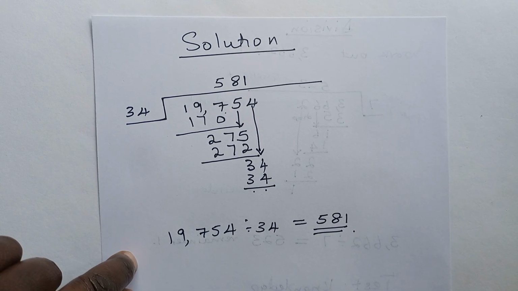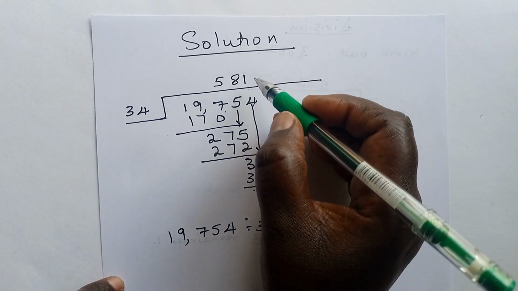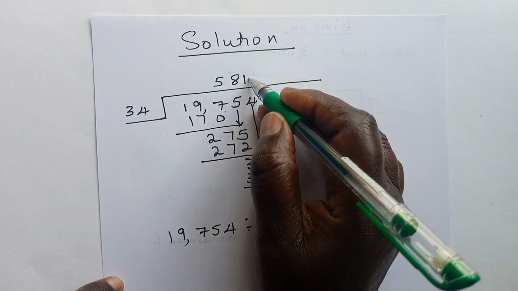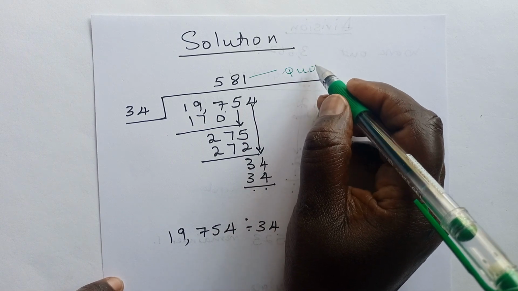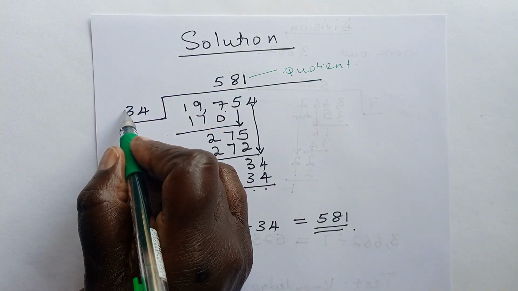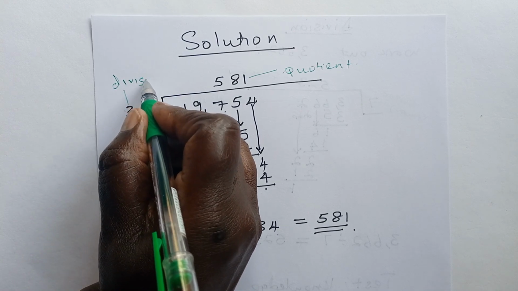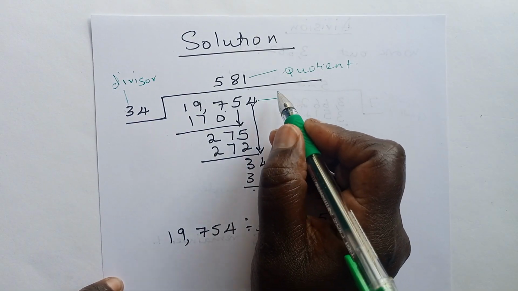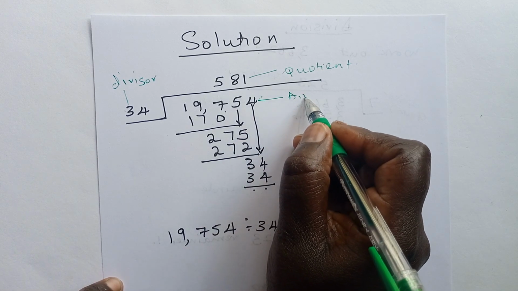Very good. Now, let's revise what we did earlier. 581 is our quotient. 34 is our divisor. 19,754 is our dividend.